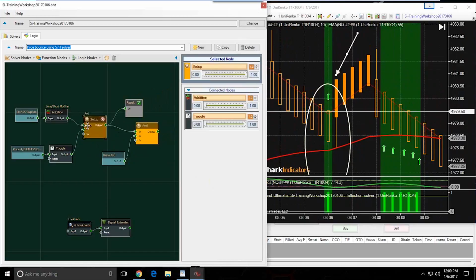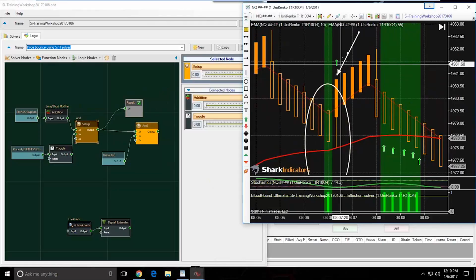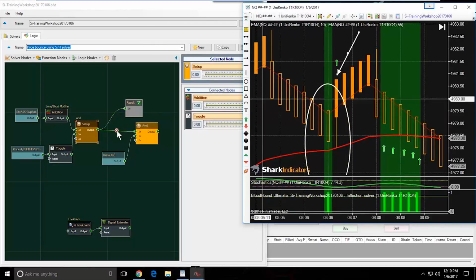So what we need to do is take the signals from our setup and push it forward onto the next bar. We need to push it forward one bar so that it prints on the reversal bar there.